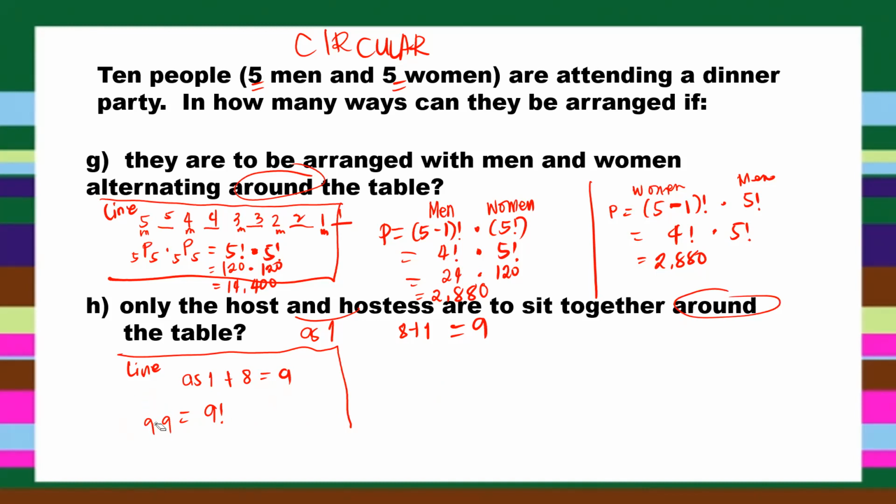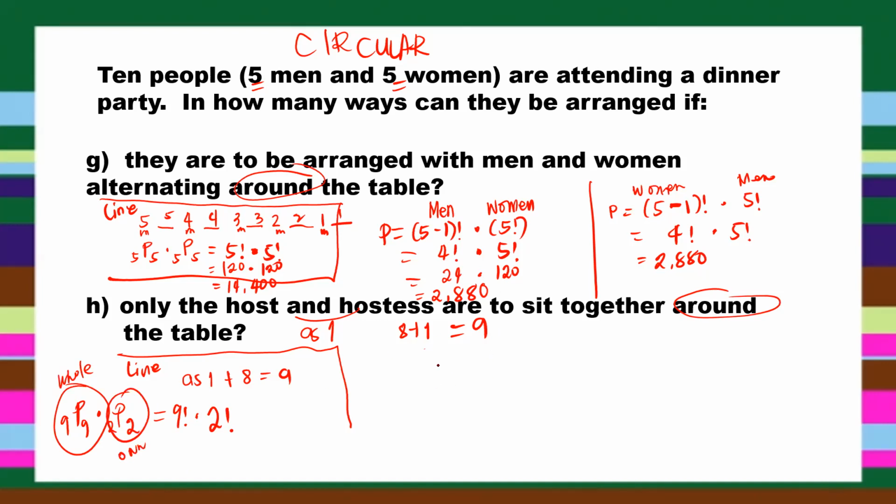Meron pa tong permutation of 9 taken 9 at a time times 2 factorial, or permutation of 2 taken 2 at a time. So we will have here 9 factorial times 2 factorial. Right? So ito yung as a whole. At ito yung sa own arrangement nilang dalawa.